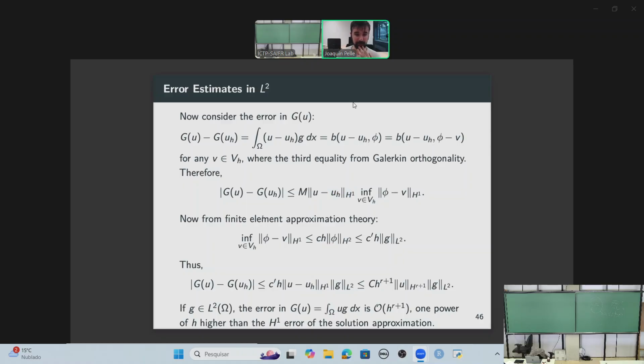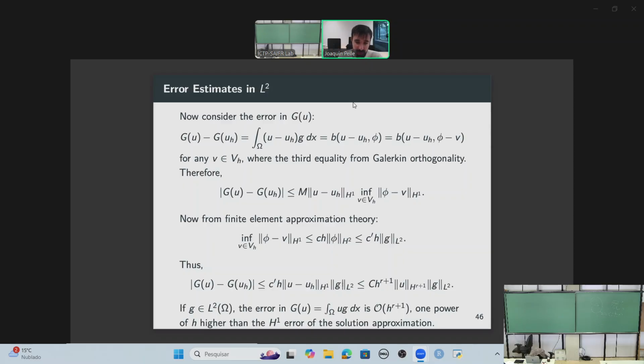And finally, from the theory that we just developed, we know that this thing here we can bound by c times h, where h is the mesh size, and the H2 norm of phi. And we assumed that this can be bounded in this way, so that phi can be bounded by g. And so after all, we get that the approximation error is bounded by C prime times h times the norm of u minus uh times the L2 norm of g.